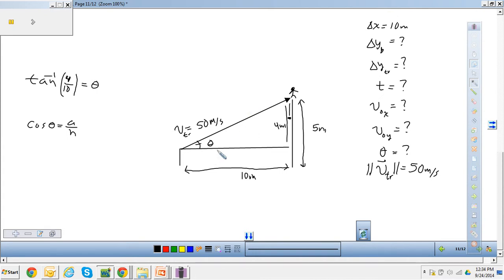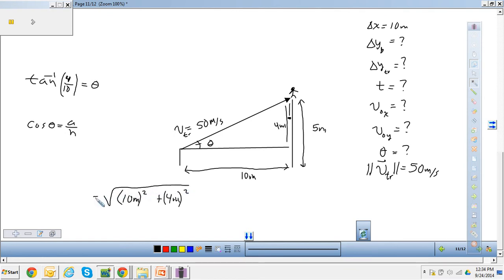And if you did a little experiment, if you actually did the Pythagorean theorem on this, it's 10 meters squared plus 4 meters squared. That equals 116 meters.